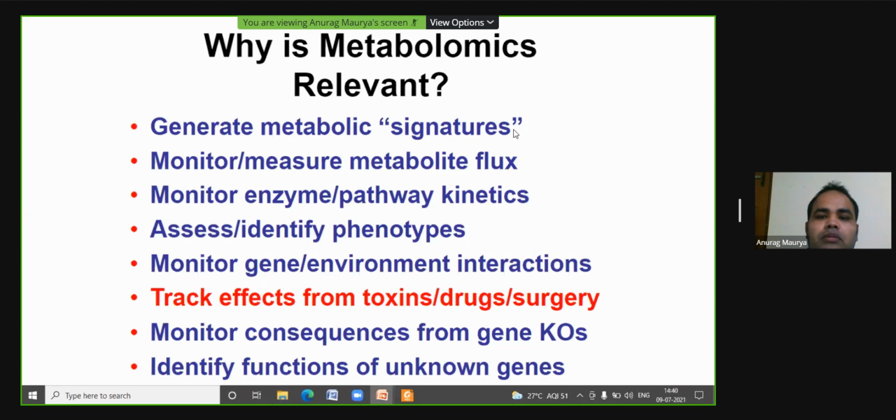Suppose a given sportsman has taken some kind of steroid, and after 1 or 2 hours, that steroid has been metabolized. You won't find a clue of that. But that steroid must have changed the metabolomic profile of that sports person, and by studying that metabolic profile, you can find out whether that person has taken that steroid or not.